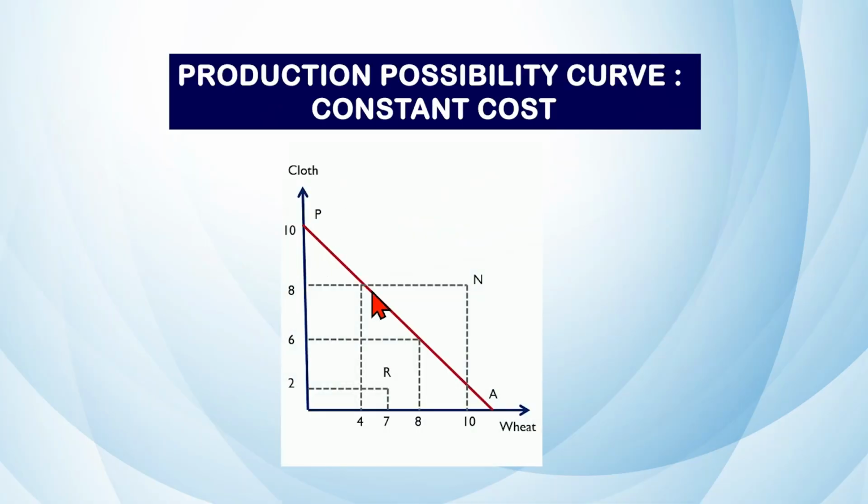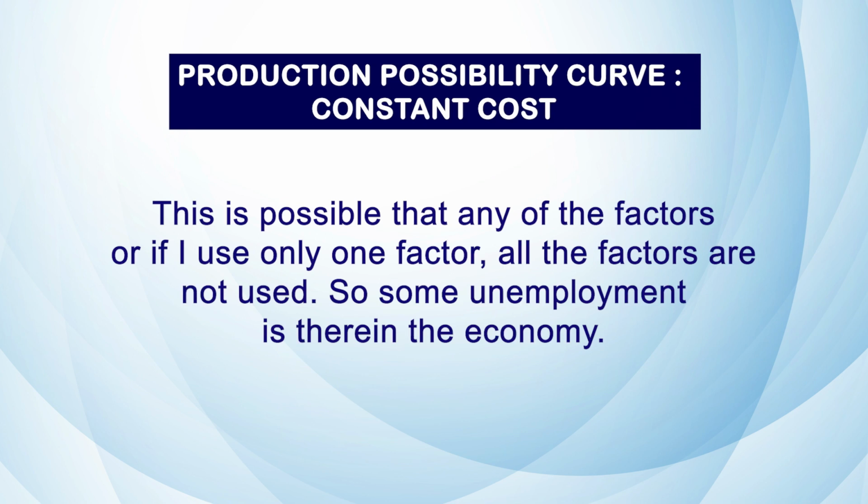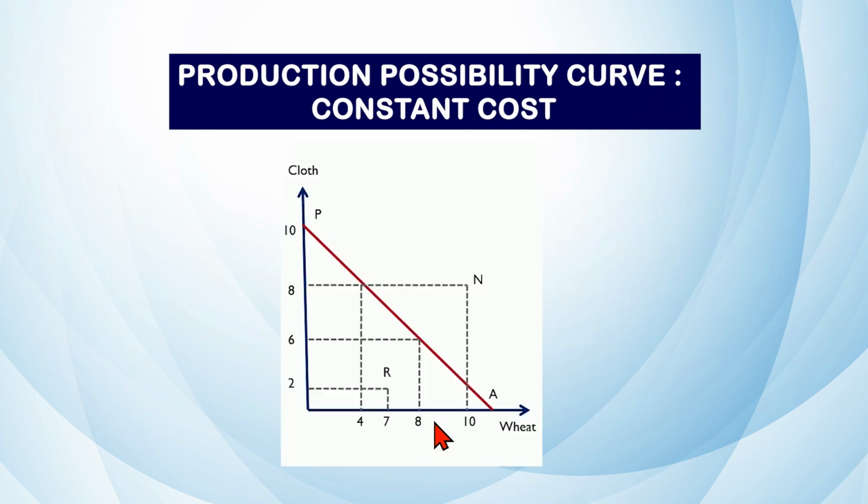So if full employment prevails along this line PA, then it is naturally implied that anything below this line PA means it is possible that some of the factors, or if I use only one factor, all the factors are not used. So some unemployment is there in the economy. Think of any point like R. R means you are producing 2 units of cloth along with 7 units of wheat.